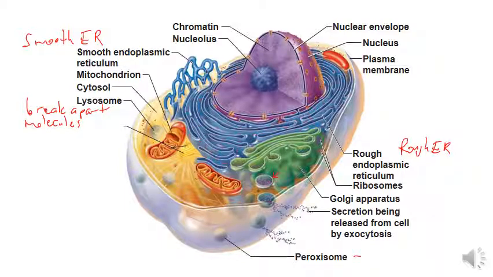So if I said, what is this organelle that detoxifies harmful substances? That's a peroxisome. But if I said, what is the one that breaks apart molecules? You say lysosome. Centrioles are these yellow rods. We're going to see that these are important for cell division. And that is it on the picture, I believe.